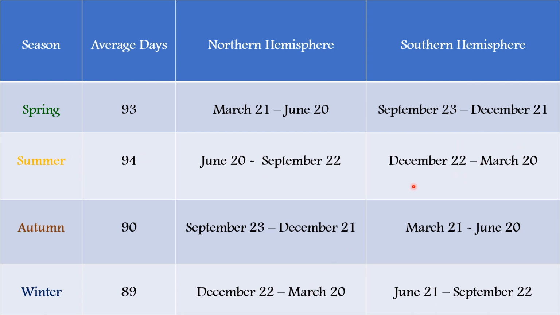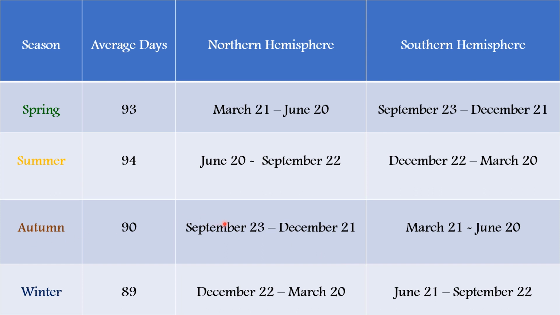All right, so let me go again. While we're getting spring in March in the northern hemisphere, the southern hemisphere is getting autumn. When we're getting summer in the northern hemisphere, the southern hemisphere is actually experiencing winter.